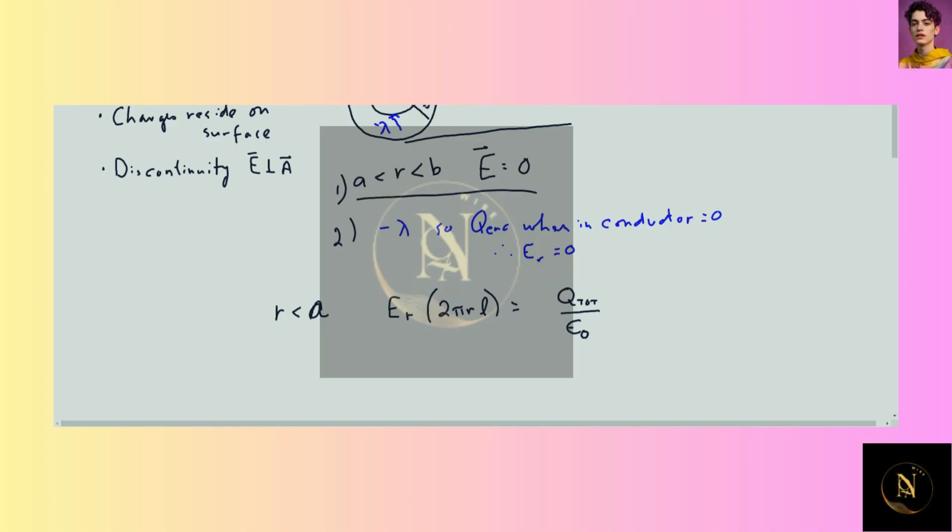And of course, where the linear charge density will come from is dividing both sides by L. So that's Q total over L, times 1 over 2 pi r epsilon naught. And we can just put a lambda there for our linear charge density.